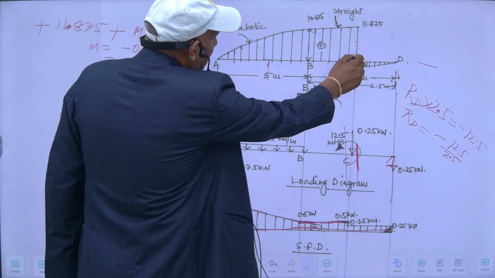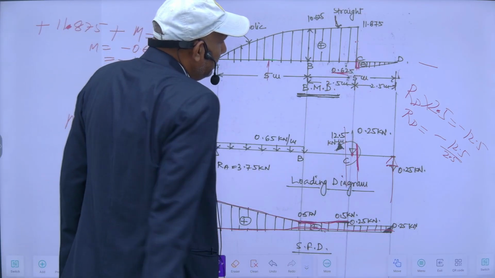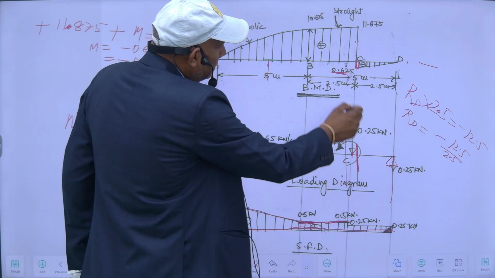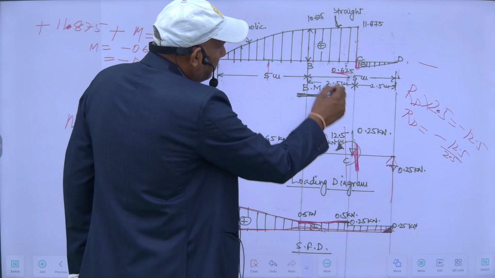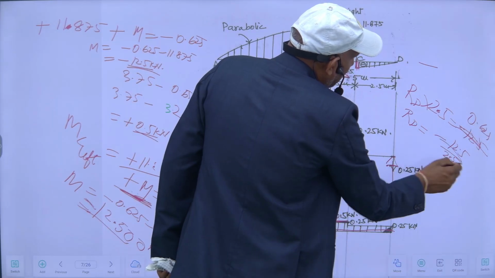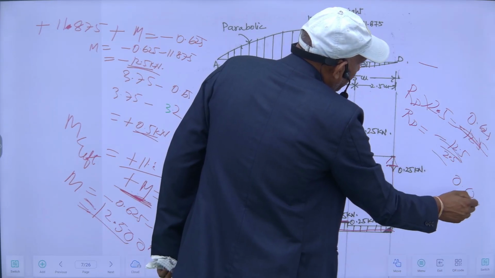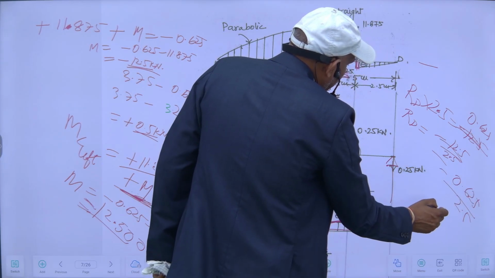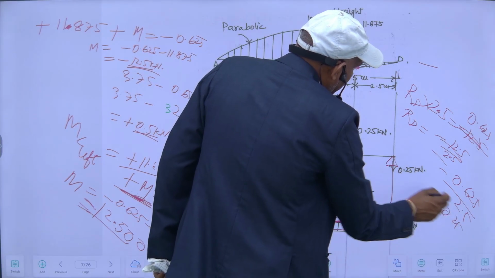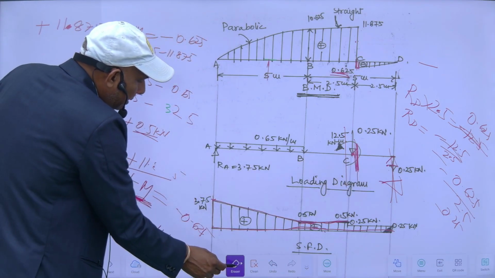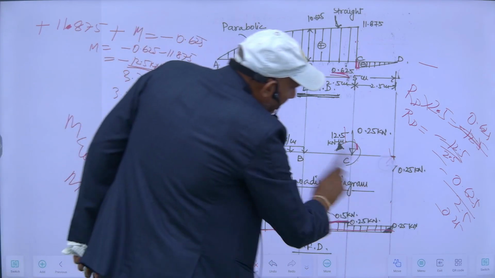On the right side it is minus 0.625. So it will be minus 0.625 upon 2.5. It will be 0.25 kilonewton, and this minus means it is downward. So the reaction is downward here.